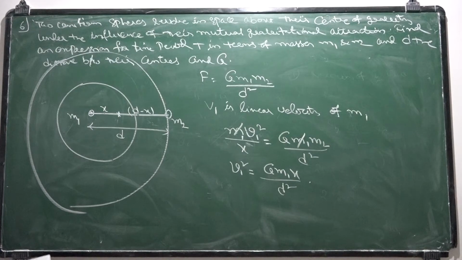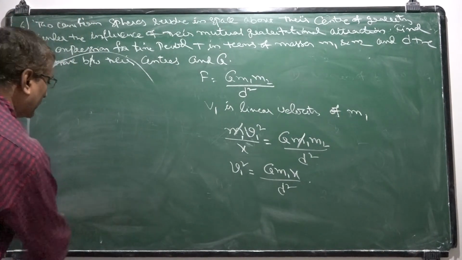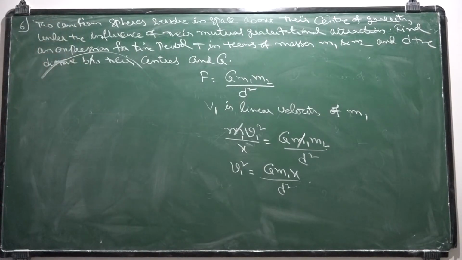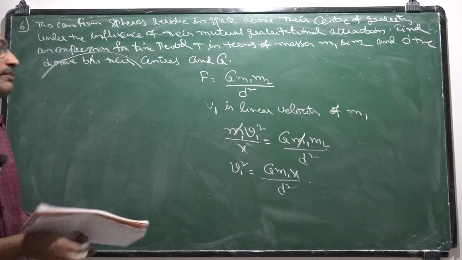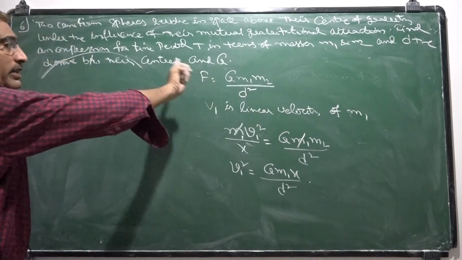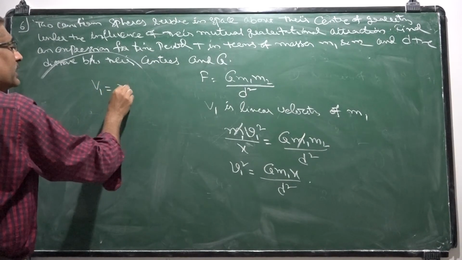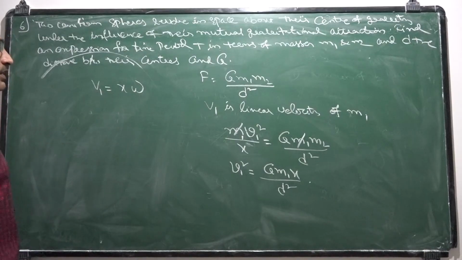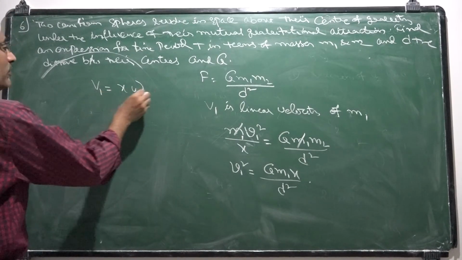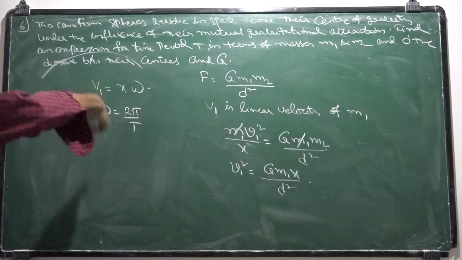As it is revolving with angular velocity omega, v1 is equal to r omega, that is x omega, where omega is 2 pi by T, and T is the time period of revolution.